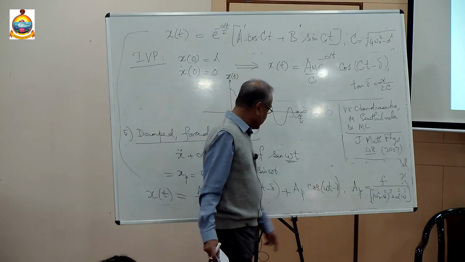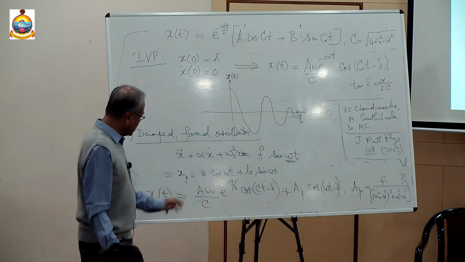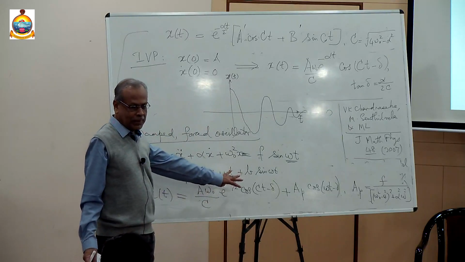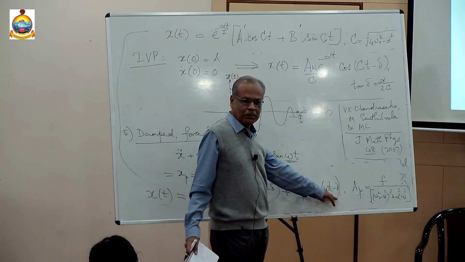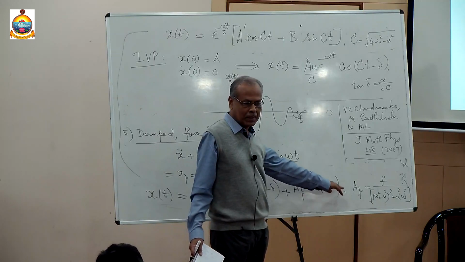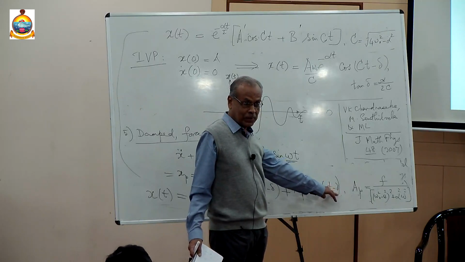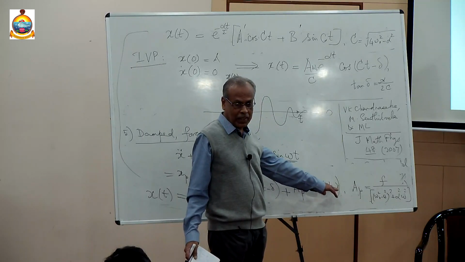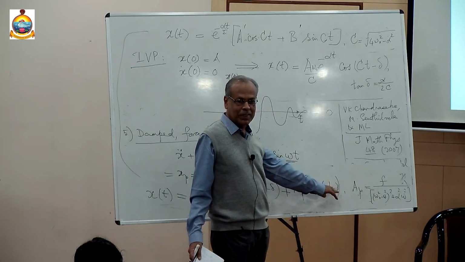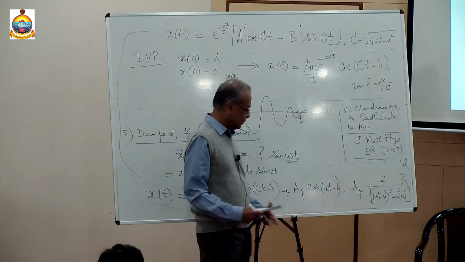The frequency is fixed. So if we wait for sufficiently long time, asymptotically the solution is just this part, oscillating with the frequency of the external impressed frequency. So the system will start resonating with the impressed frequency, the impressed force. So this is the resonant periodic oscillation.